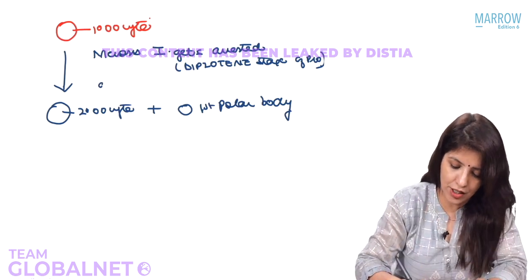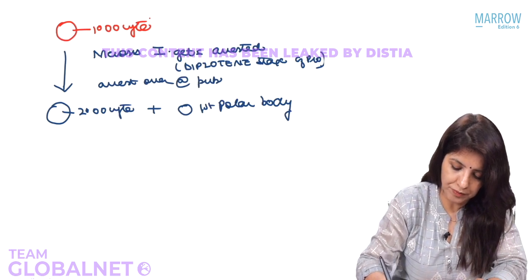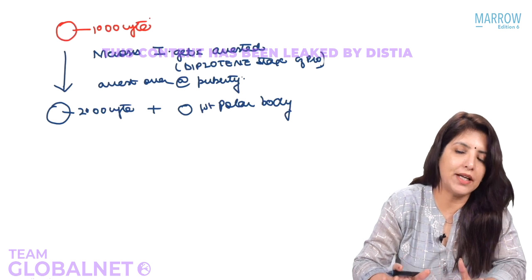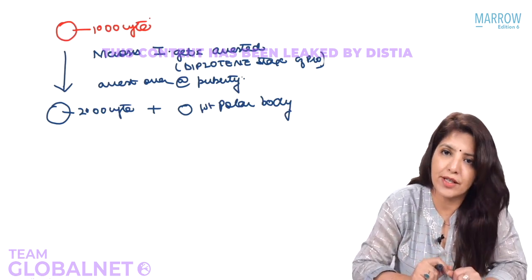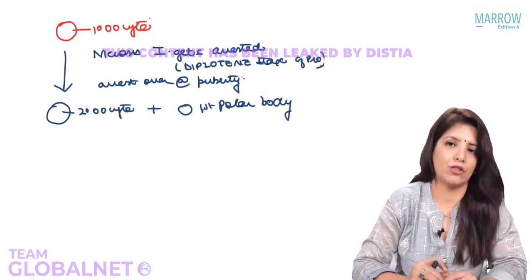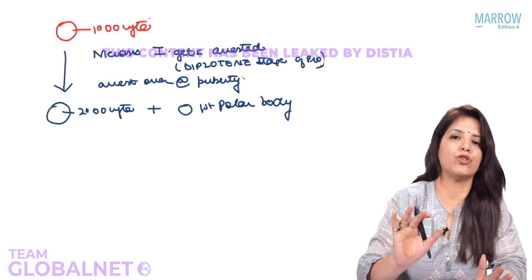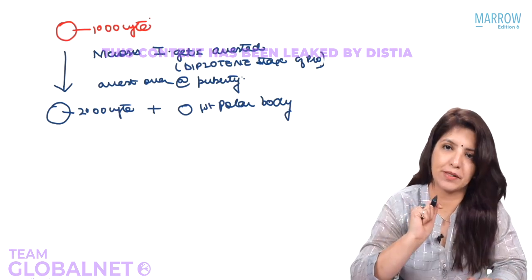And this arrest is over only at the time of puberty. It is only at the time of puberty that the primary oocyte will get converted into a secondary oocyte. So in a newborn female's ovary up till puberty, I am going to see that the ovary has a number of primary oocytes, right?